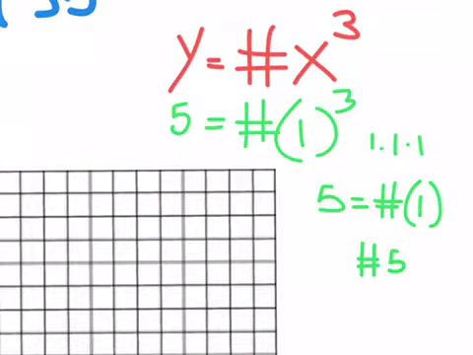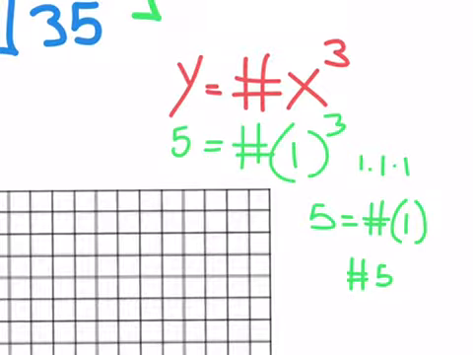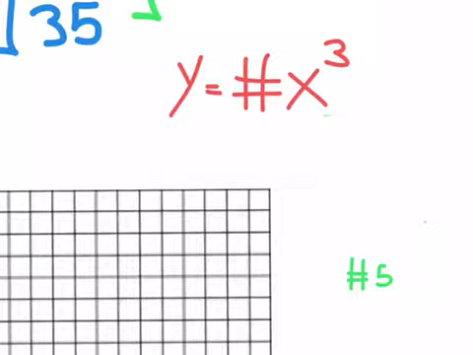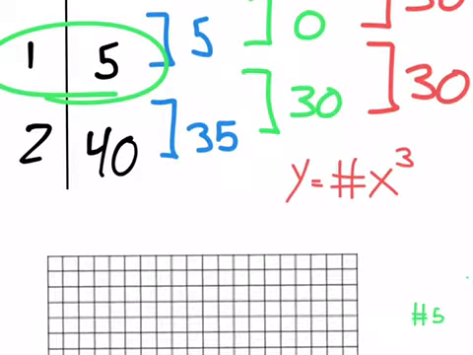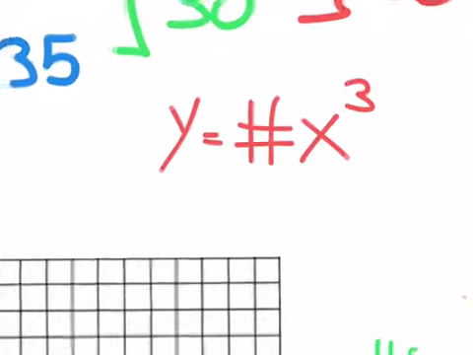Okay? And we would have found that same answer had we used a different coordinate point. Say you did want to use a larger coordinate point. I'll showcase that no matter which one of these that you use, you'll find that same number. So say instead here you wanted to use the 2 and 40.